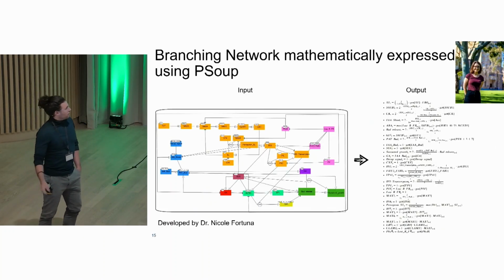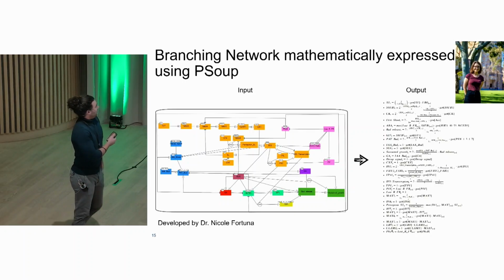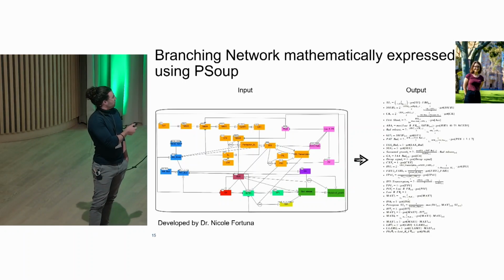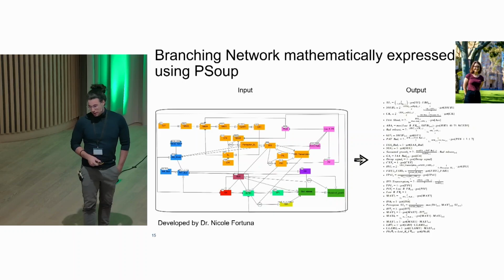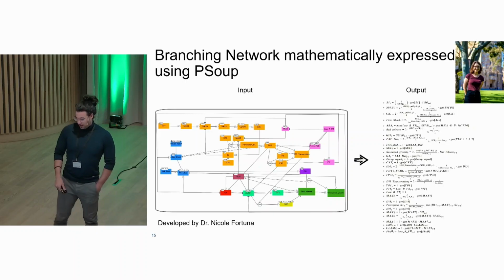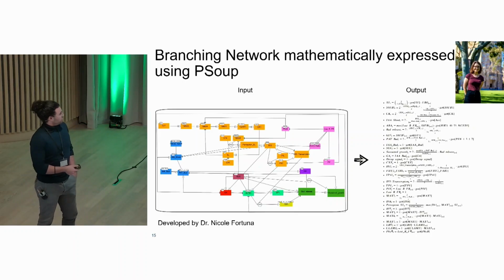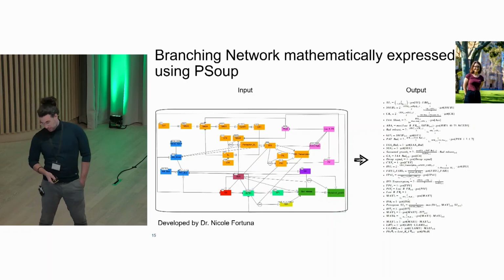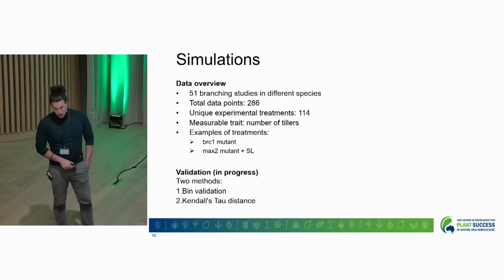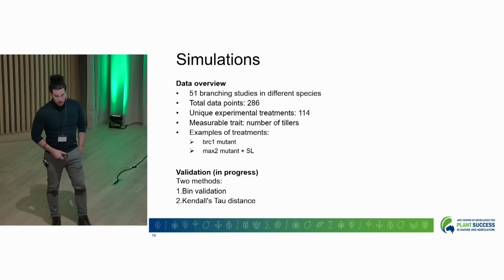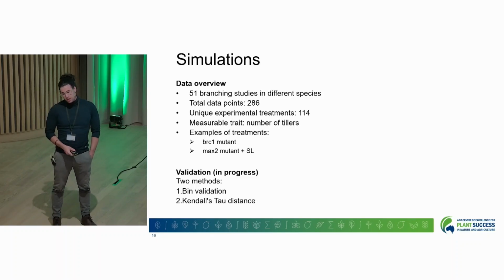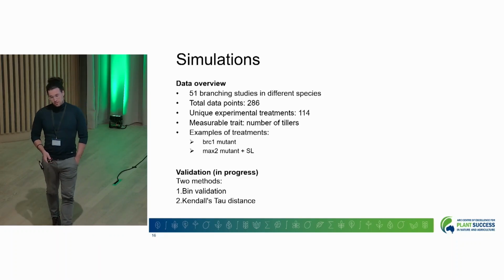And so in our case, we had as input our network into PSoup, and it gives us as an output all the formulas that define this network. For simulations, we did 286 simulations. Well, 114 of them were unique.